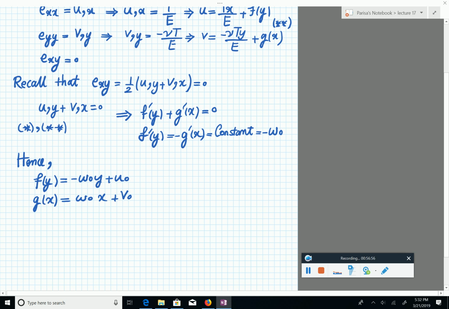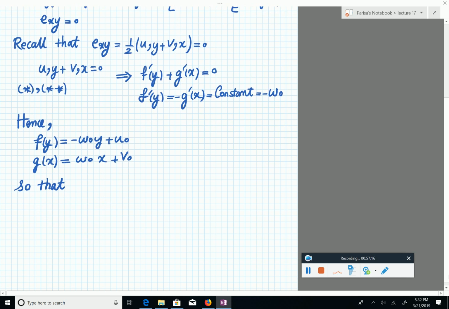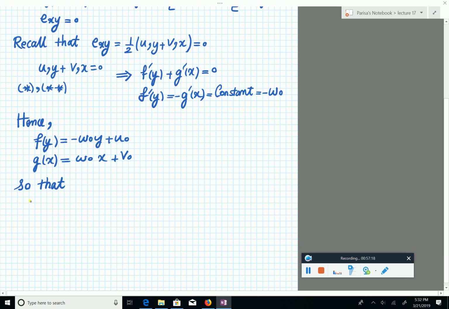Okay. Besides that, we have this. Now comes the interesting part. Now we have fy and gx, so we have the full form of u and v. And we have something to discuss, because it seems that things are a little bit more complicated than you expected, right? This is a very simple problem.